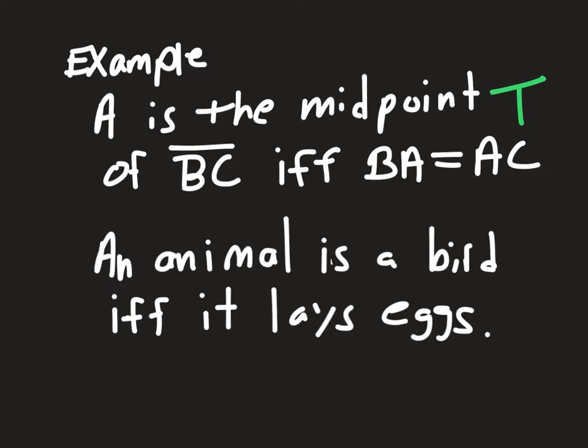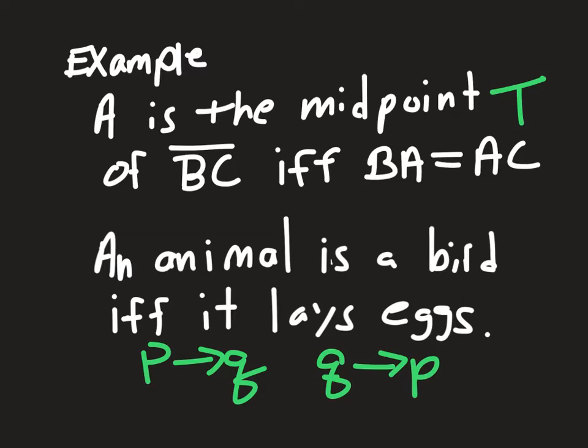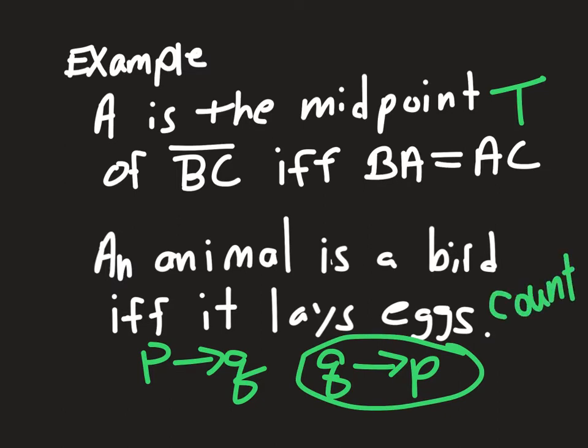On the other hand, the next biconditional says, an animal is a bird if and only if it lays eggs. If an animal is a bird, it does lay eggs. So when we look at P implies Q, that seems to work. But if we go backwards, Q implies P: if an animal lays eggs, then it's a bird. If we think about that a bit, we can find what we call a counterexample. A counterexample is an example where it's not true.